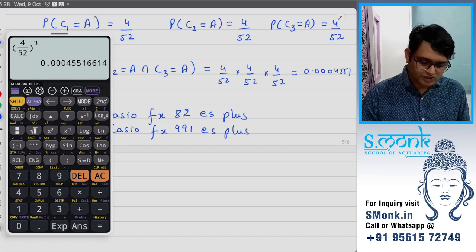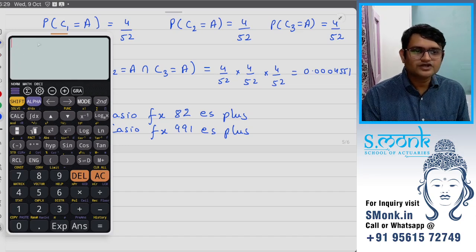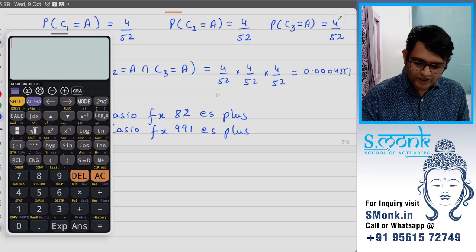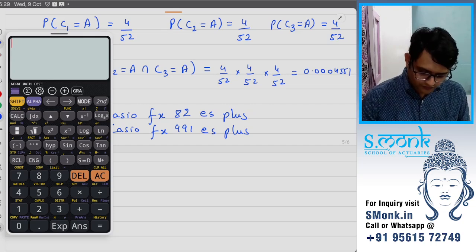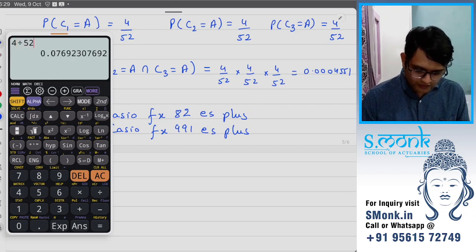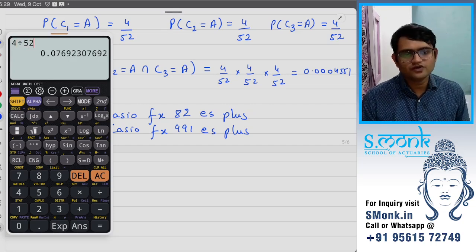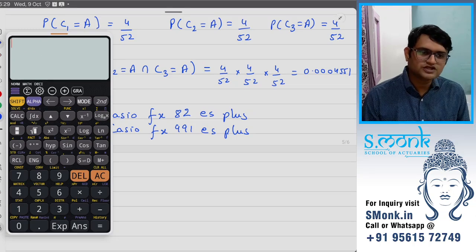What happens is, you can make very detailed equations in this calculator. As we go along, I will be teaching you how to make the equations. Like here, I wanted 4 by 52 into 4 by 52 into 4 by 52, or you can say 4 by 52 cubed. So instead of writing 4 divided by 52 and then multiplying by 4 divided by 52, we can make fractions.